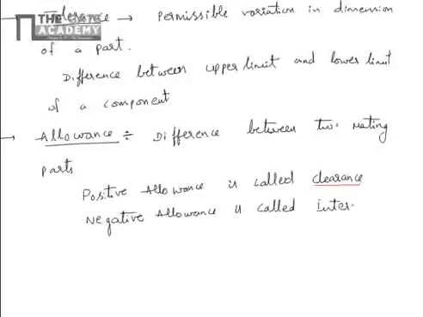It happens in an interference fit. Interference fit means you need external force to fit the parts. So this is allowance, positive allowance and negative allowance.